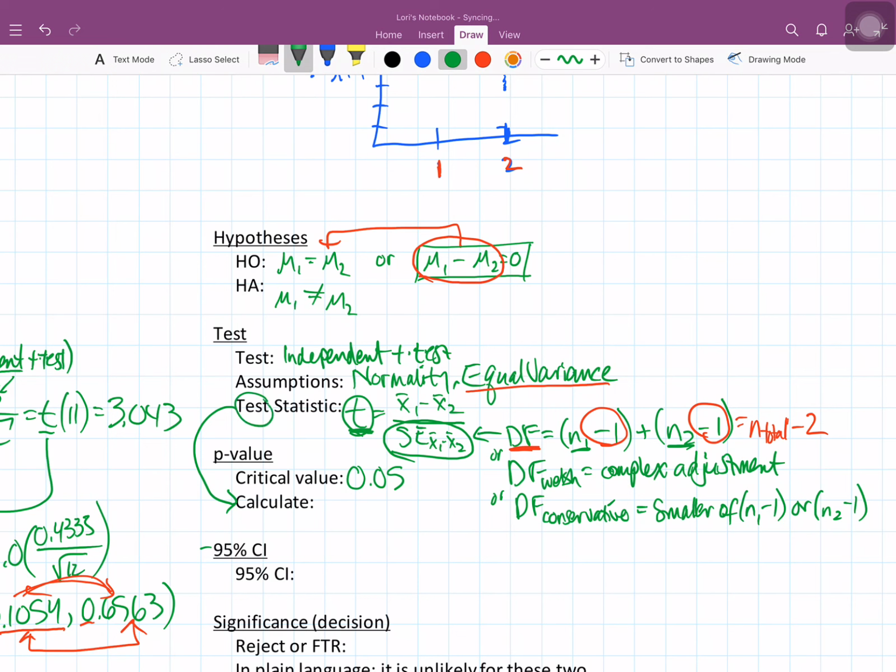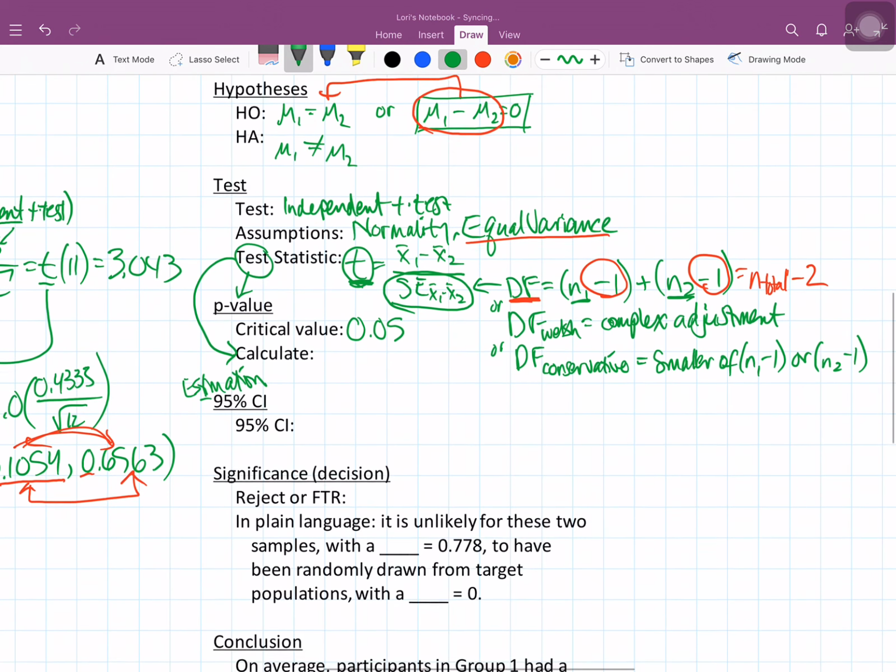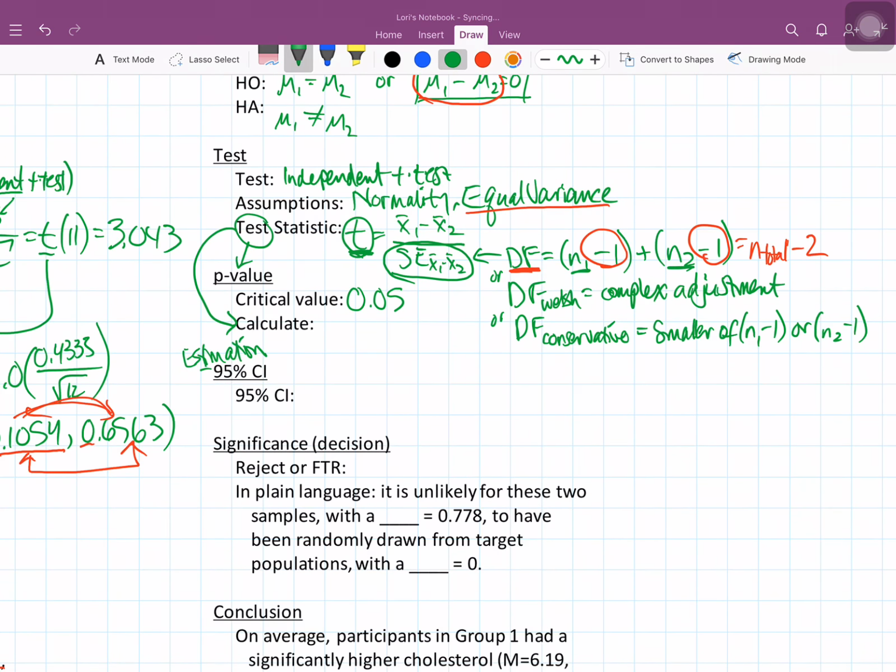Remember, when we have a test statistic and convert it to a p-value, then there is the idea of estimation. We can use either of these methods to think about testing a research question or the null hypothesis. So our 95% confidence interval is really a confidence interval for the difference between mu1 minus mu2.